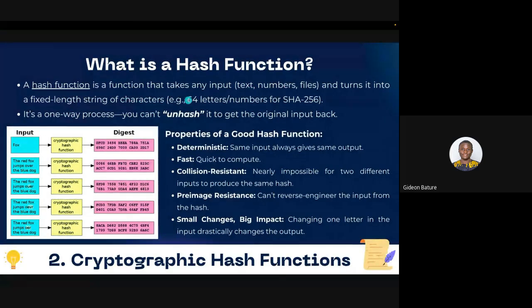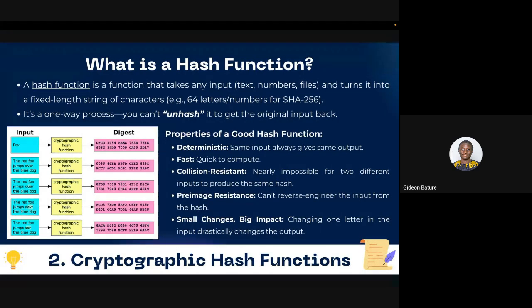Hash functions in particular are functions that take in any input. If you like, give them 100 letters, 100 numbers, or 1 million letters, they'll take it. I won't say they compress it, because that suggests the input will always be bigger than the output, but if you put in just a little input, the output can be bigger.